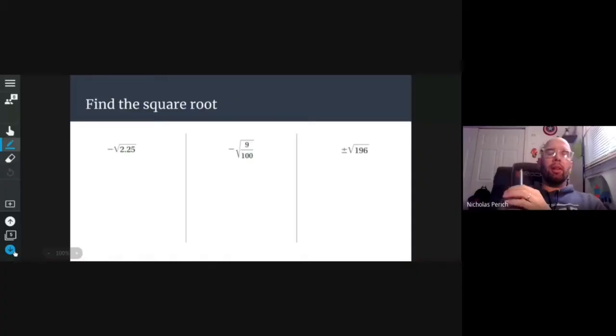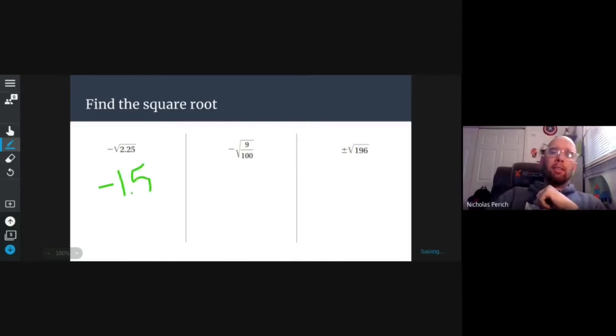Let's go to that next slide after I bring the thing back. Negatives on the outside, so you bring it out. I know what the square root of 225 is. It's 15. So is the square root of 2.25 1.5? I don't know.